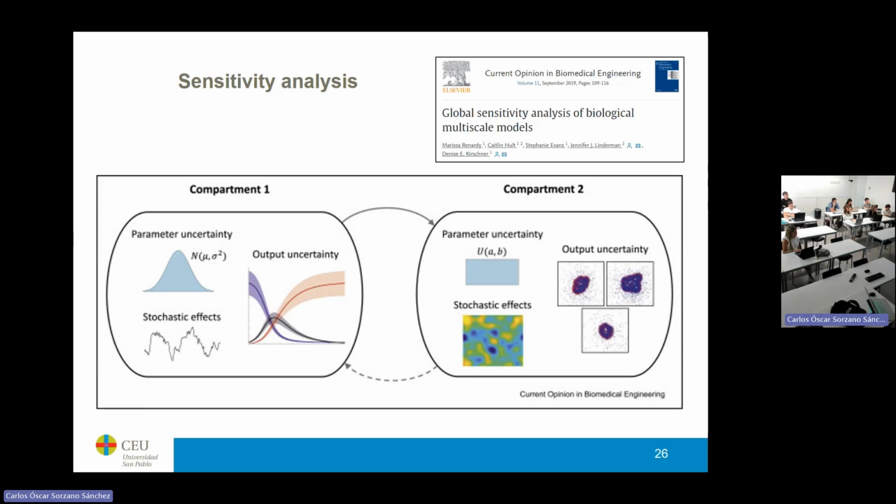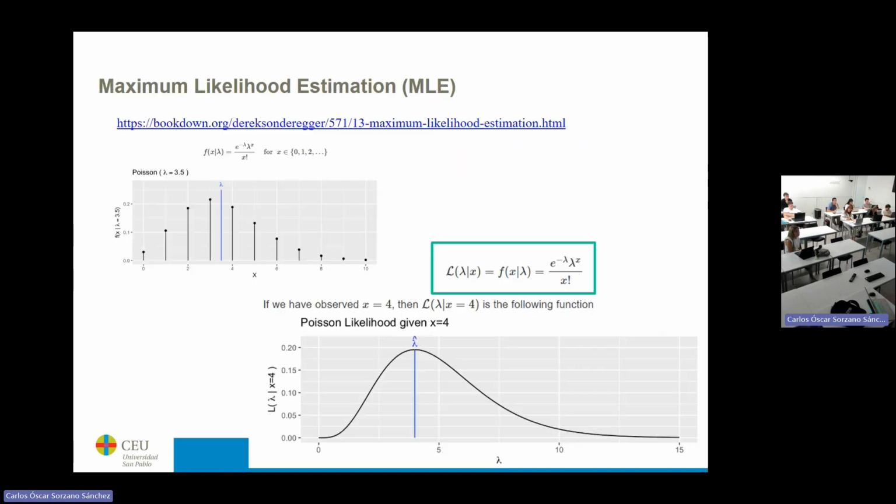So there are systems that are very robust to changes in the parameters, and there are some other systems that are not robust, or there are systems that are robust to some parameters and not to others, or things like that. And if you want to explore more about this idea, you can read this paper if you want.